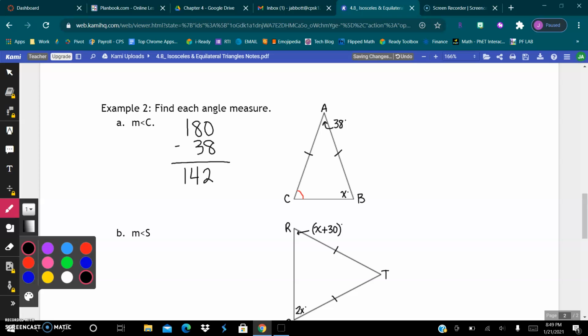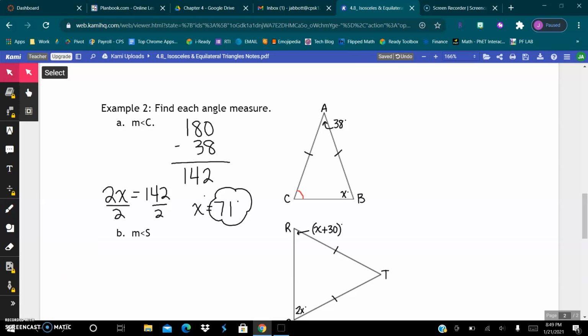And then in an isosceles triangle, we know those two base angles are the same. So if we added them together, we would get that 142. So we have to divide by 2. So half of 142 would be 71. So the measure of angle C would be 71 as well. So 71 degrees is our answer.